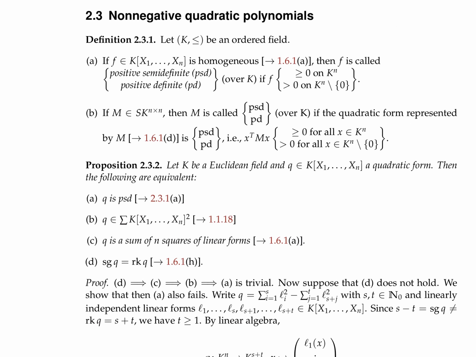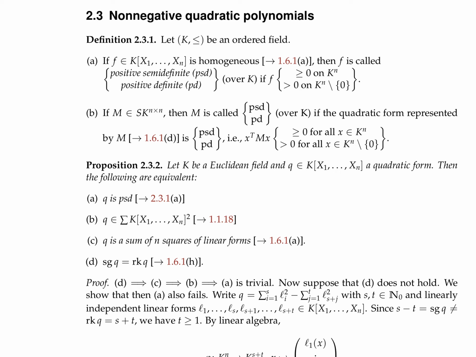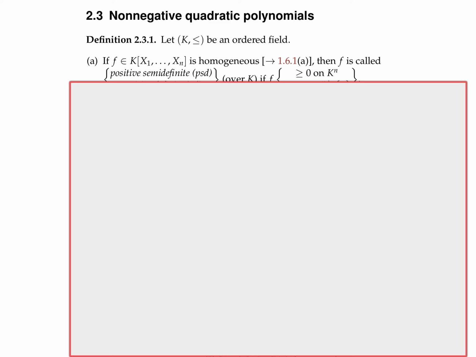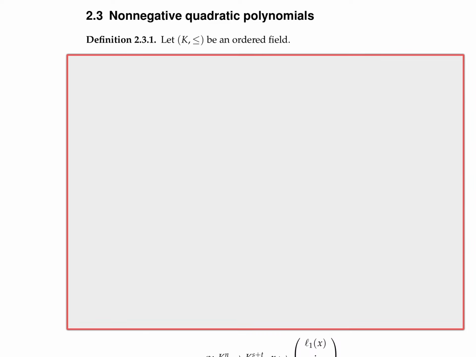So we are here, non-negative quadratic polynomials. Let K together with less than or equal be an ordered field.